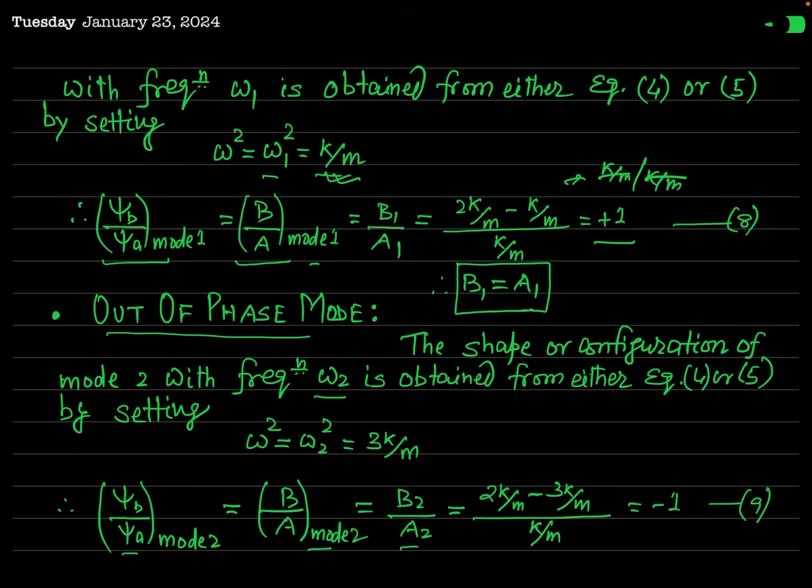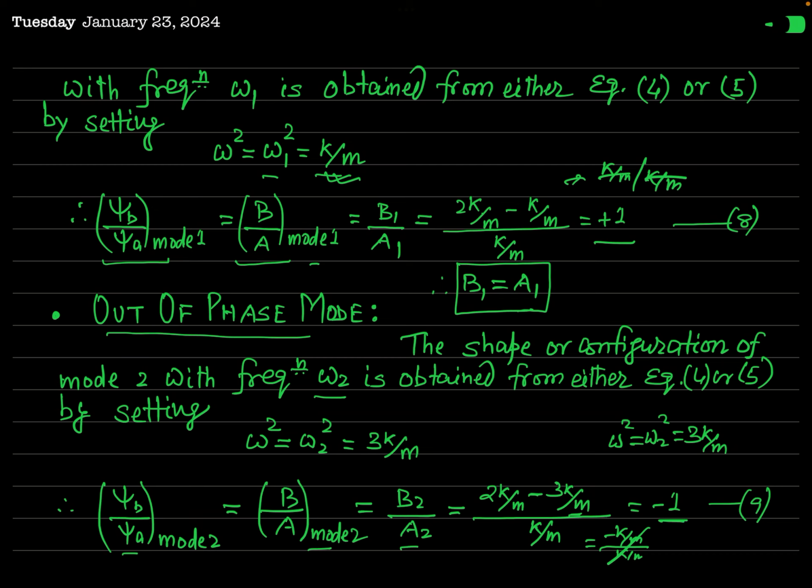I am again putting the value of omega square, which is omega 2 square, in equation 4. So this will be 2k over m minus omega square. But in this condition, omega square is equal to omega 2 square, and that is equal to 3k by m. So this will be 3k by m, divided by k by m. So you can see this is simply minus k by m over k by m, and so both will cancel out and this will be minus 1.